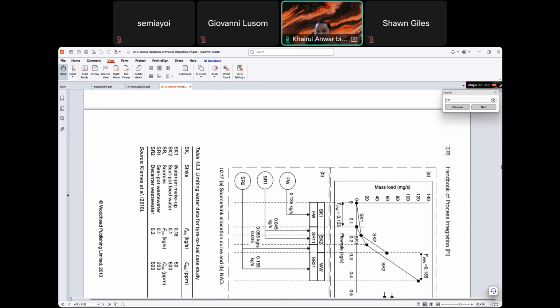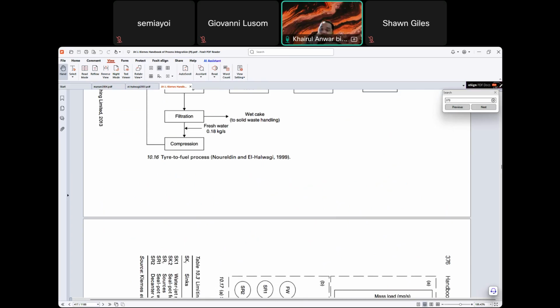So what you have learned today is the cascade table, get the pinch, sourcing allocation curve, and couple with the network allocation diagram to do the water network or retrofit based on this.